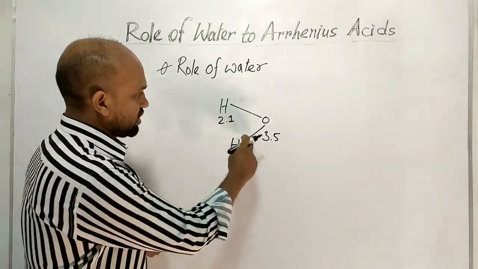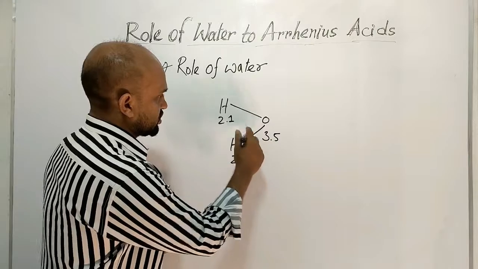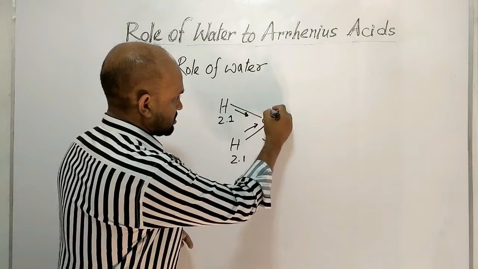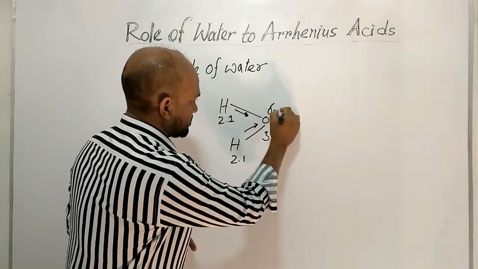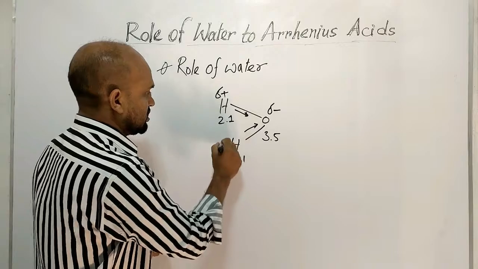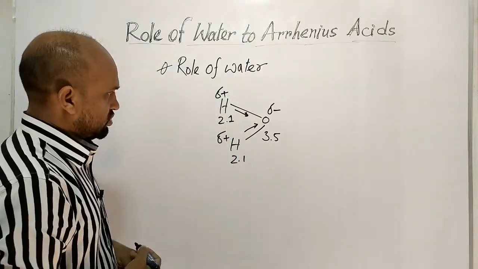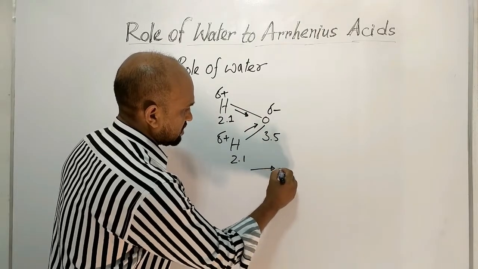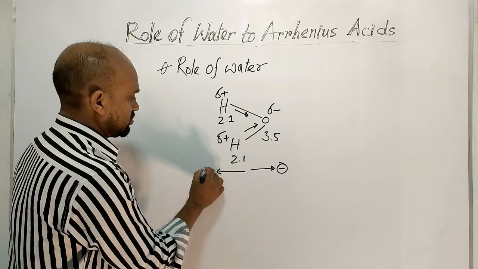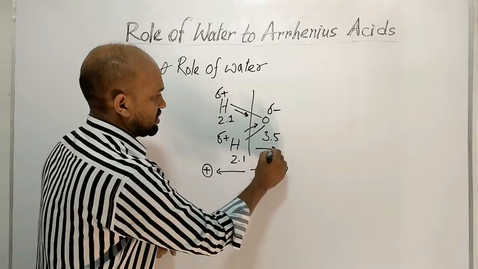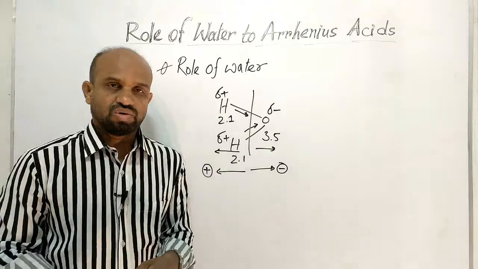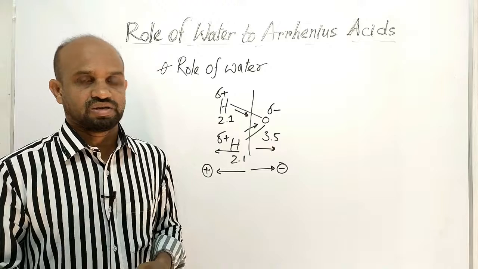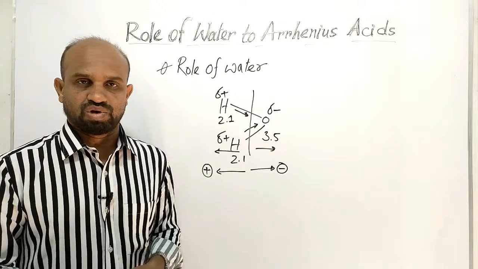That is why covalently bonded electrons shift towards oxygen, and as a result oxygen gets partially negatively charged and hydrogen gets partially positively charged. So here we see two ends, a negative end and a positive end. So the water molecule has two ends, a positive end and a negative end. It's a kind of polar molecule.